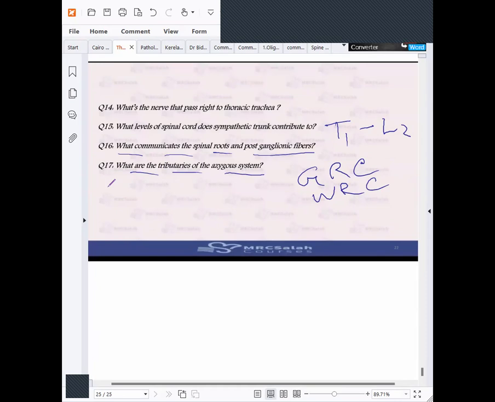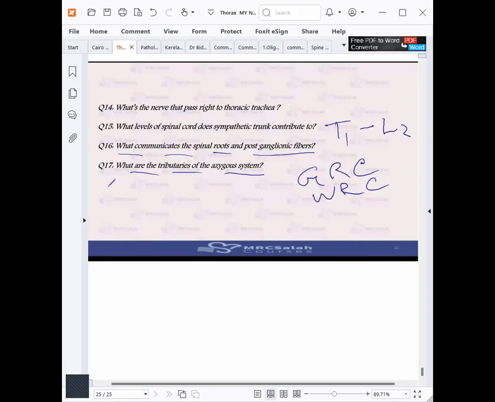Yes, it is the right superior intercostal vein, hemiazygos and accessory hemiazygos, mediastinal, pericardial, esophageal, also the lower right posterior intercostal vein, and esophageal and bronchial.